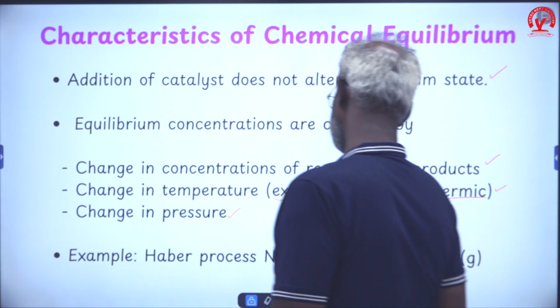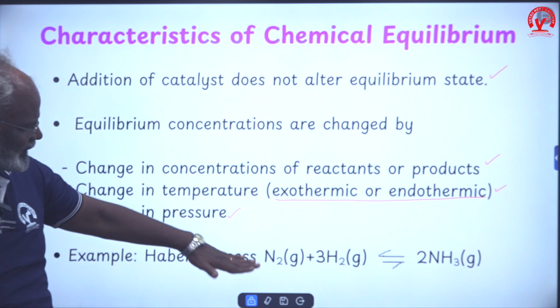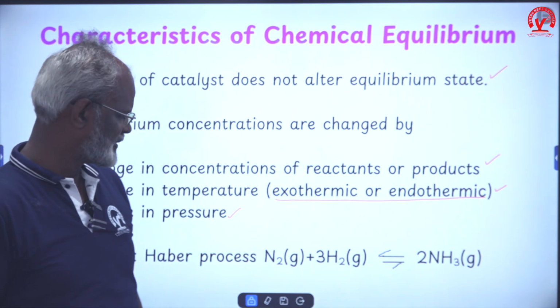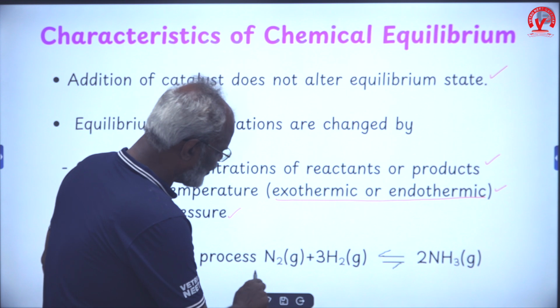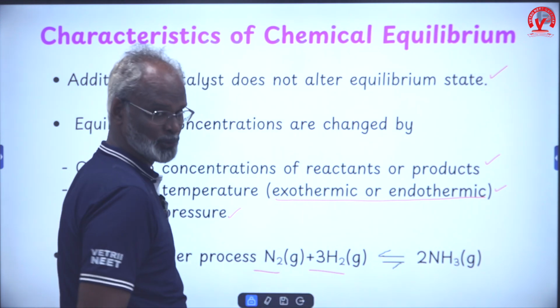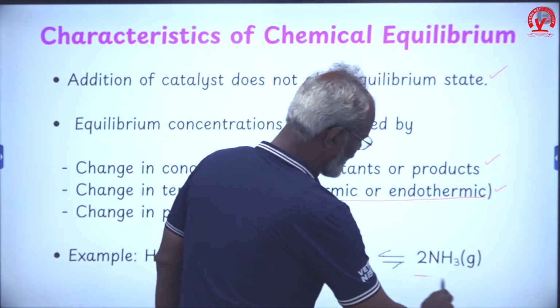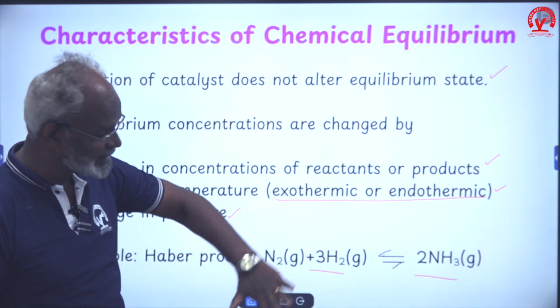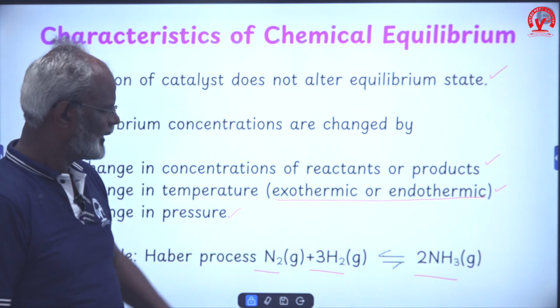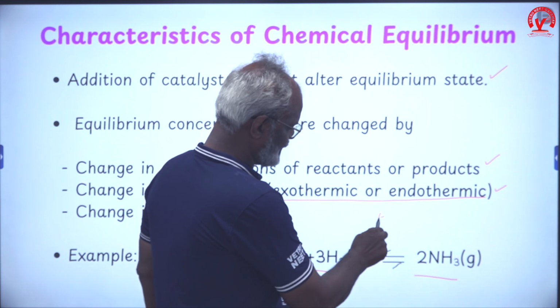So I have already given this example, the Haber's process example. The point is, suppose you add more N2 and more H2, then more NH3 will be formed. Therefore the reverse reaction will also happen. So the equilibrium concentrations will change, but still the equilibrium constant Kc will not change.